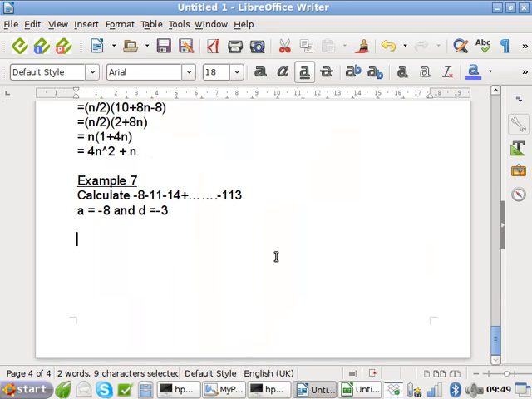So, what's the technique? What do I do? Well, I say the nth term equals minus 113. So what's the formula for the nth term? Un equals a, which is minus 8, plus (n minus 1) times d, which is minus 3. That should equal minus 113.